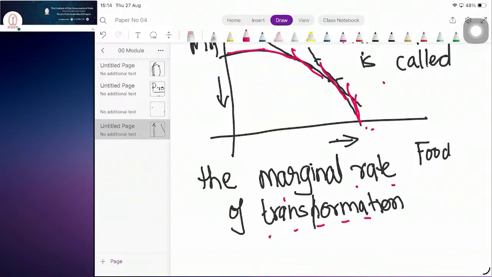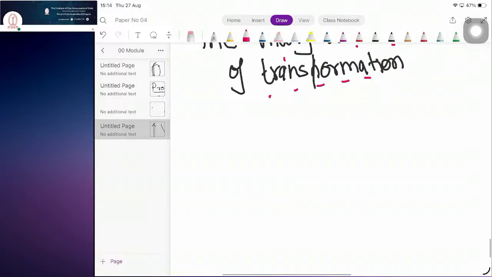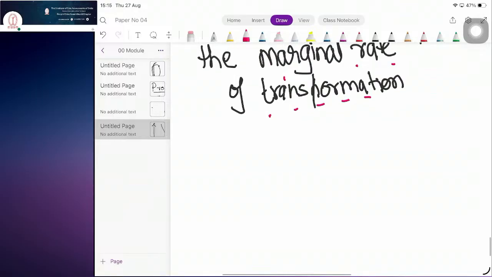So gradually more and more inputs will become unemployed. Hence the sacrifice of the same number of guns requires less and less butter as we move to the right, and this will result in a concave curve. In other words, marginal rate of transformation will be positive. Correct. Very good. Did you all get this? Same thing I've been trying to tell you all. This curve is concave.